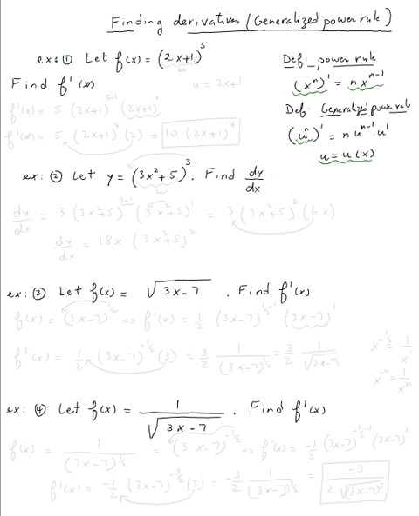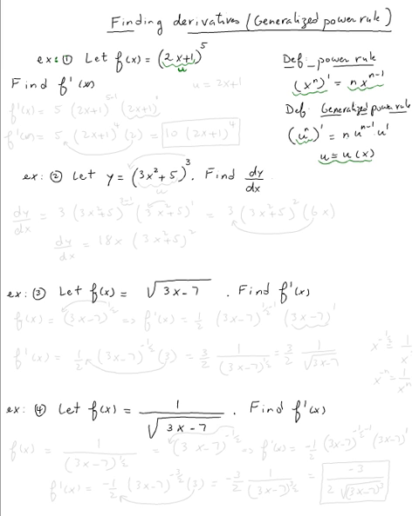All right. So let's do example 1 so we can understand what we're talking about. Here f of x is equal to (2x plus 1) to the fifth. We're trying to find f prime. So think of the inside as a u. So this is the u.